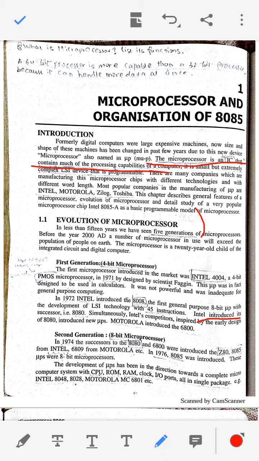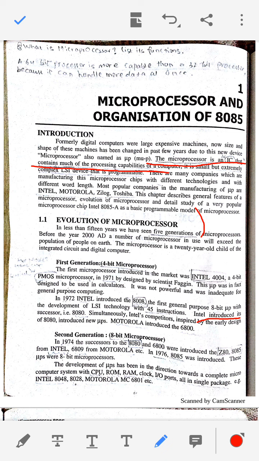Now in this entire chapter, we are going to study the microprocessor chip Intel 8085. So 8085 is from the second generation, and it is an 8-bit microprocessor developed by Intel.